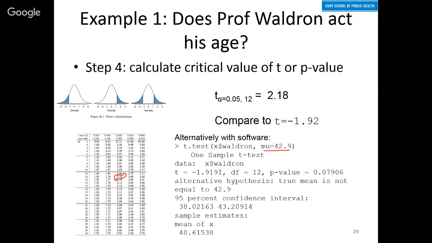We could have estimated that p-value. Well, no, we can't really estimate that p-value from this chart. Once you're dealing with the t-distribution, you need software to actually get a p-value. Best you can do is get your critical value and compare to that if you're using the table.